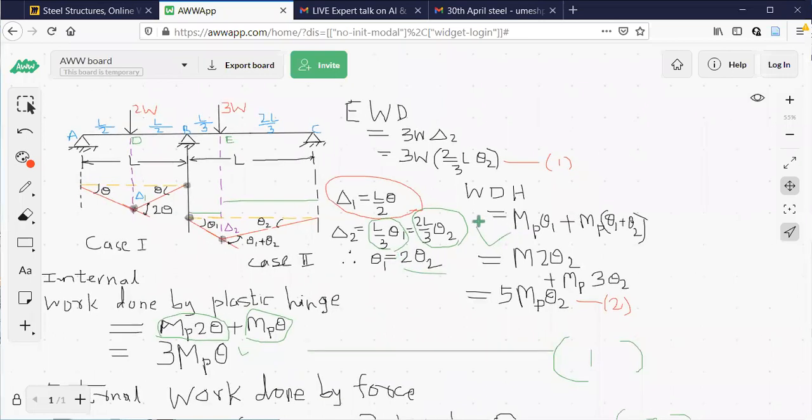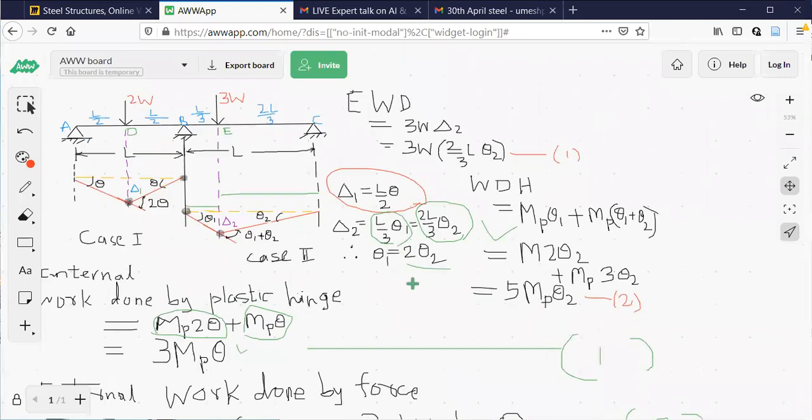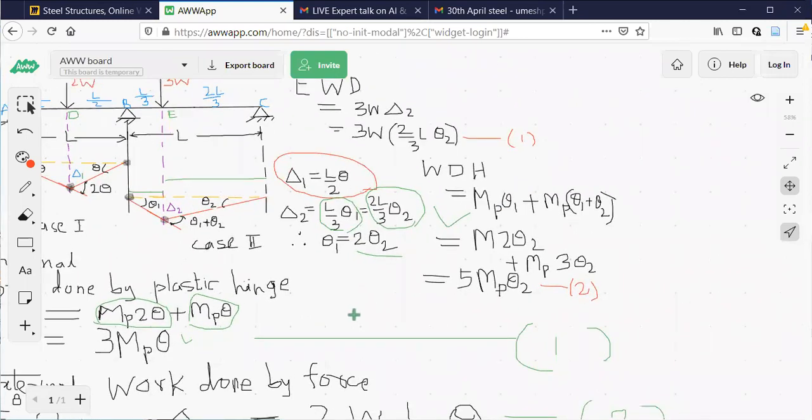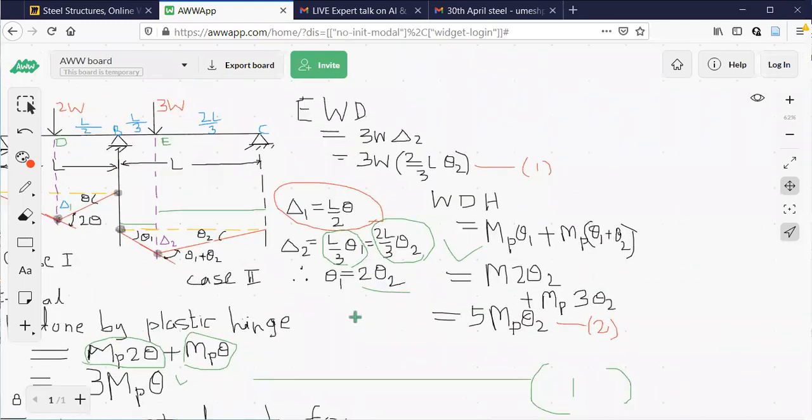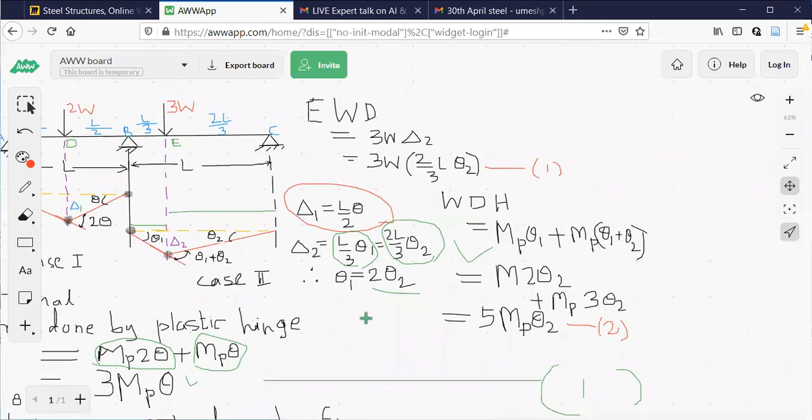So all of you can type your USL here. Somewhere we have committed a mistake or what, we check it. L by 3 and 2/3 of L, everything is correct. 2 MP should come, 2.5 you are getting.